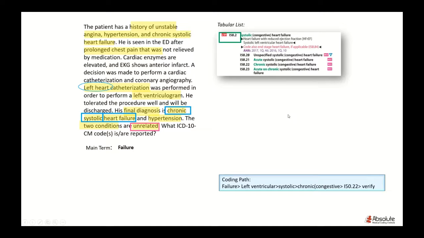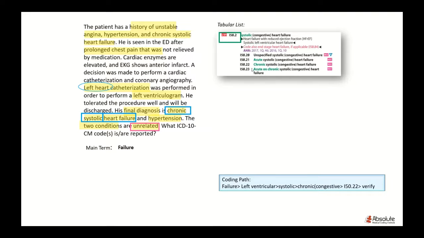So see here, this one is unspecified. You have your acute and chronic. Let me know, which one would you choose? Because I want to walk through this with everyone. Good job, Pearly. Anyone else? I want you to get in the habit of always referencing that red box. Yes, great job, Kim.